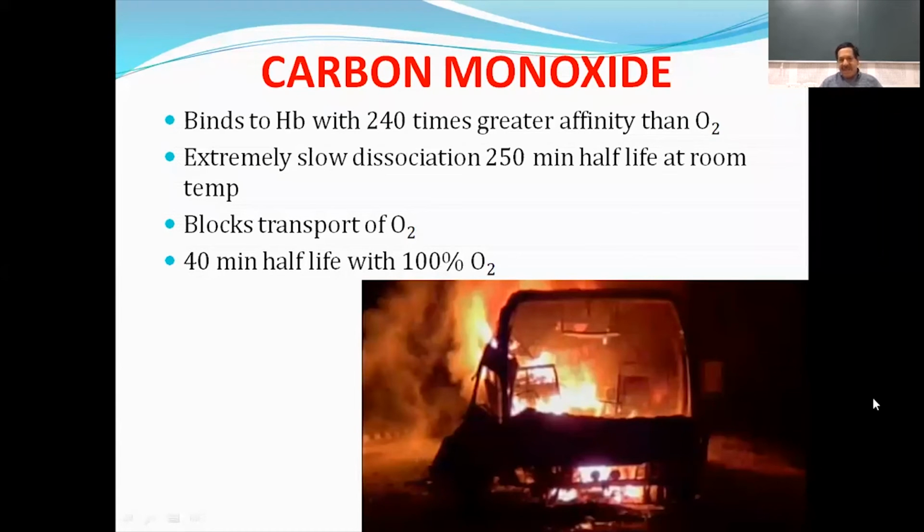And the dissociation is extremely slow, a half-life of 250 minutes at room temperature. It blocks the transport of oxygen. A half-life of 40 minutes can be achieved with 100% oxygen.